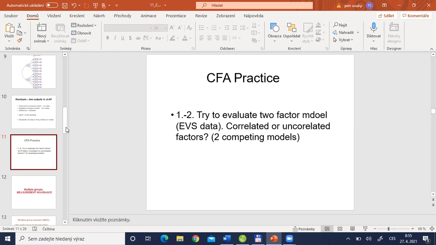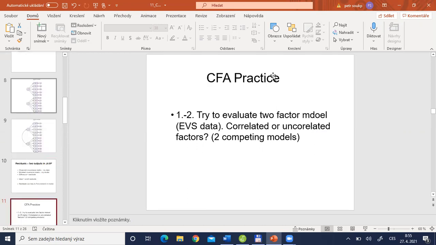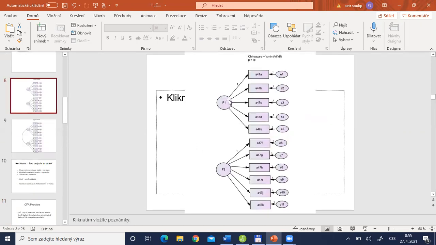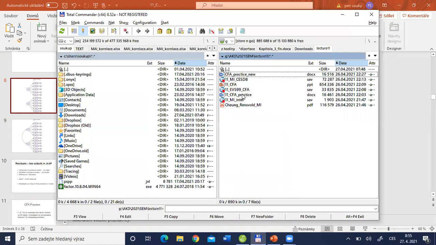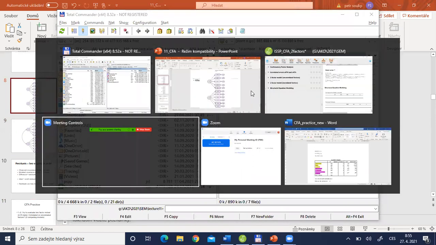It means you would compare a model with two uncorrelated and two correlated factors. Only these two dimensions you would use for this task would be slightly different. So you would be using the data file called 11 UVS 99 CFA. And if I open the Microsoft Word file, here it is.